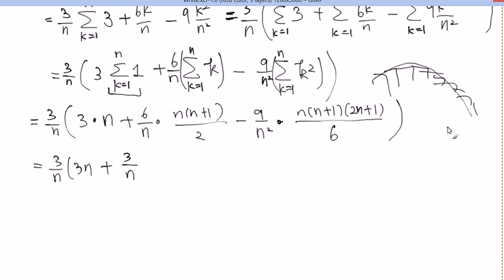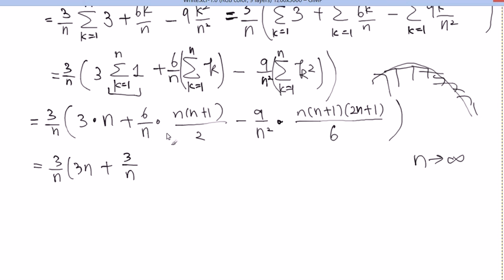Remember? k's gone. What's going to happen to n? Is n 5 or 7? And it's going to go to where? Infinity. n is a number of intervals, right? We're not going to divide into 5 or 7. We're going to divide into a zillion intervals. So n goes to where? Infinity. And it's going to go to infinity.